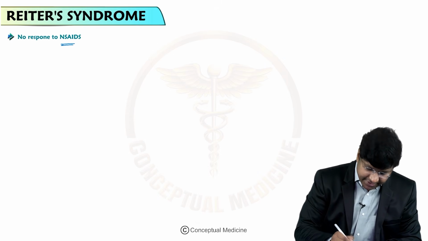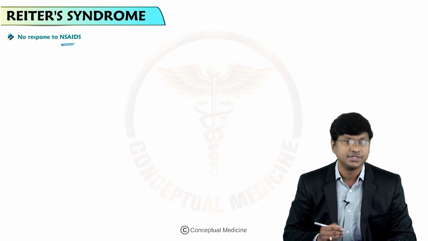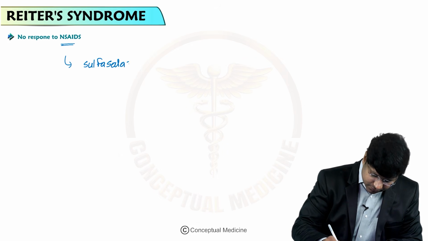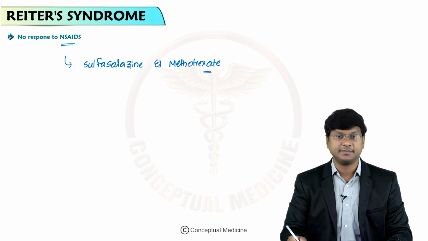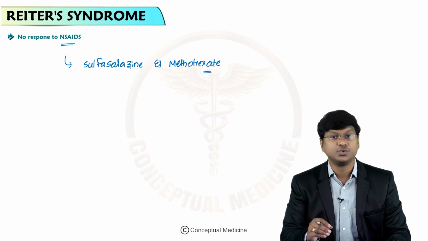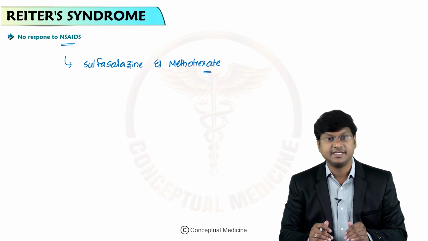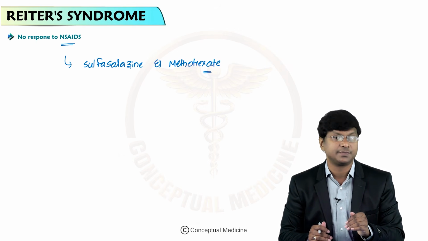And if there is no response to NSAIDs, what are the alternative drugs? The alternative drugs include sulfasalazine and methotrexate. And for patients with recent onset disease that is refractory to NSAIDs and these DMARDs, anti-TNF agents, which are effective in other spondyloarthropathies, may be effective.